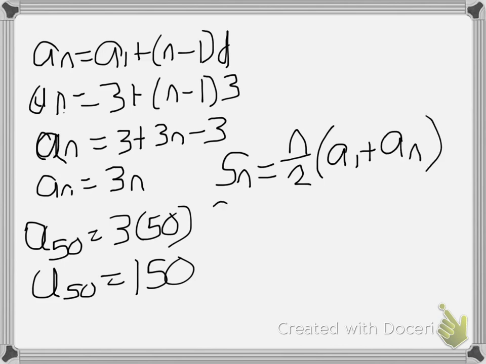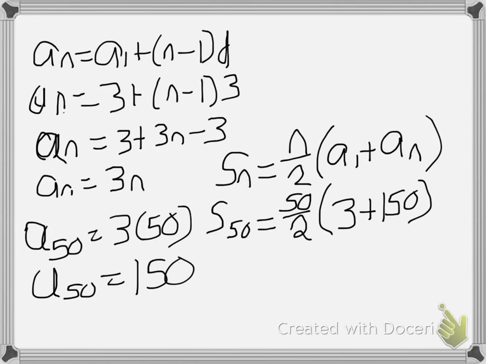So the sum of the first 50 terms is going to be 50 divided by 2 times the first term, which was given to us as 3, plus the 50th term, which is 150.